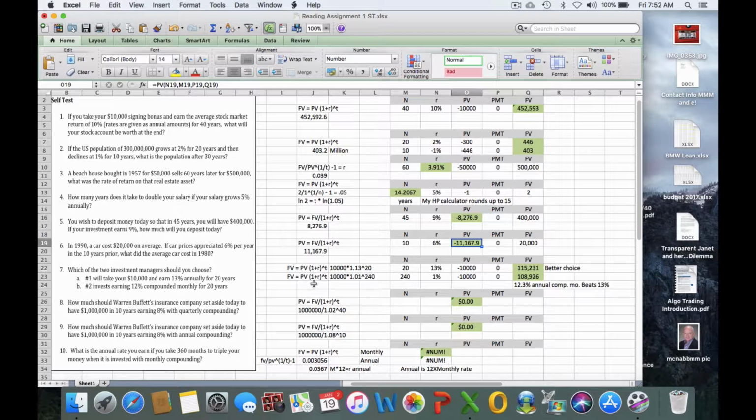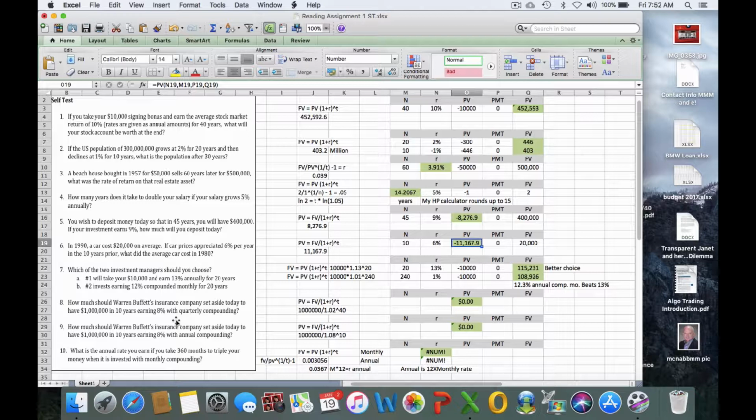So monthly compounding requires a number of months over a 20-year period. 240 months. The monthly rate is not 12% annual, but instead 1% per month. And same input. The 13% is the better choice. The second choice, had it been 12.3% compounded monthly, that would have been the better choice. So that's compounding.